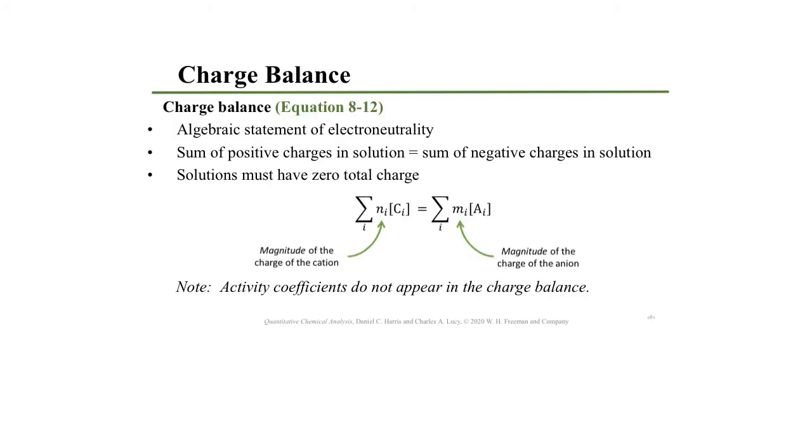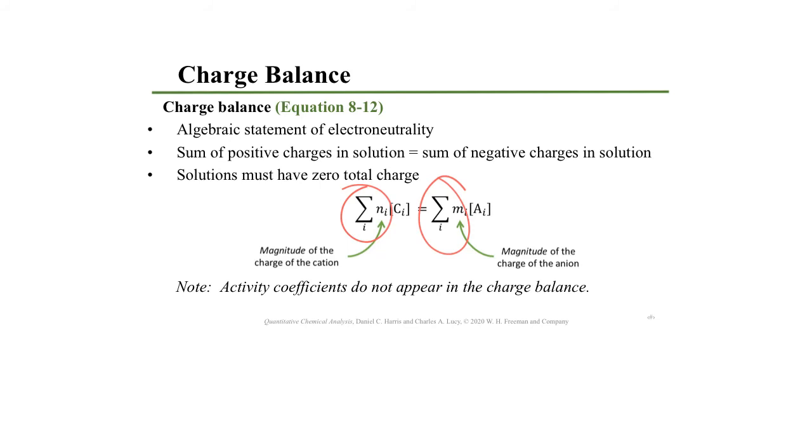So the charge balance is just how it sounds, and in the charge balance, you take the magnitude of the charge, so if it's a +1, it's just 1, if it's a +2, it's 2, and then you take the concentration of that cation, and you add up all the positively charged species in this manner, so that's why you're summing this. Then you add up all the negatively charged species in this manner, and that's why you sum that up.